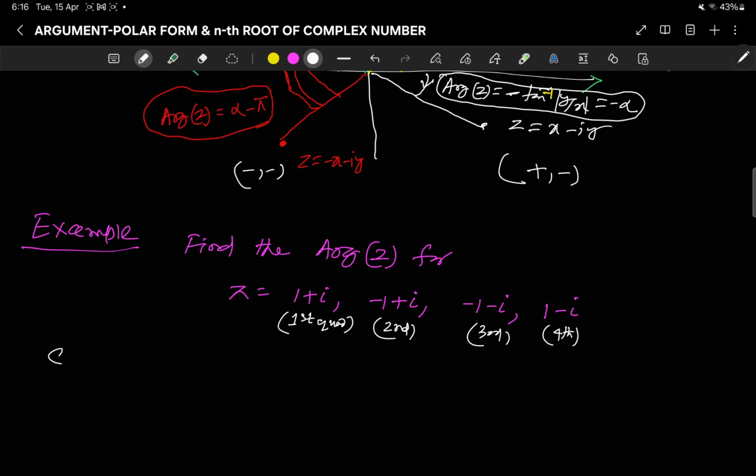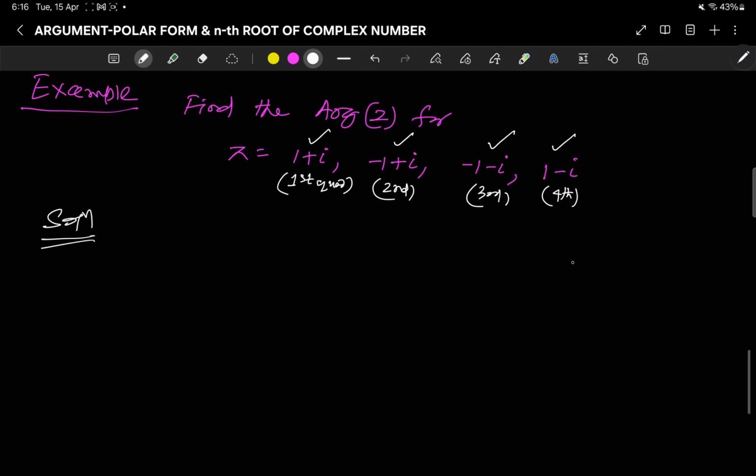Coming to one example, suppose you are given z as 1 plus i, minus 1 plus i, minus 1 minus i and 1 minus i. Here this is your 1 plus i, this is minus 1 plus i, this is minus 1 minus i, and this is 1 minus i.